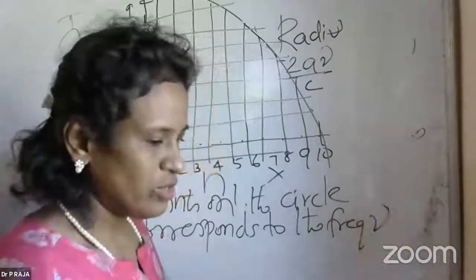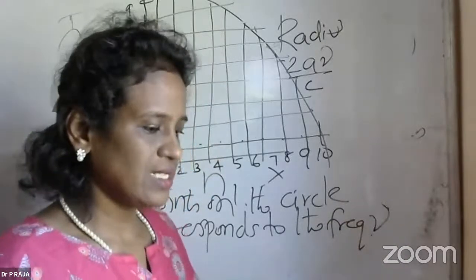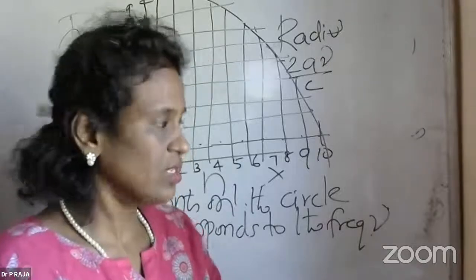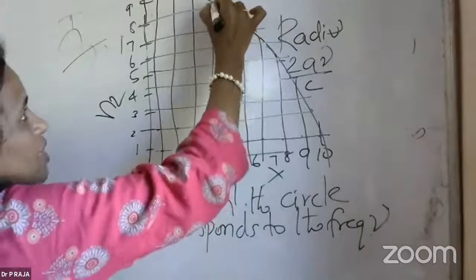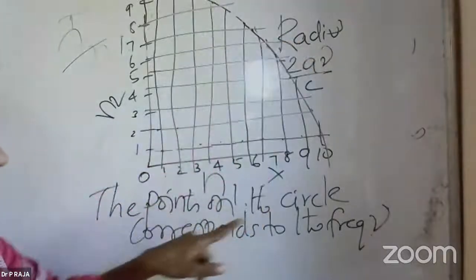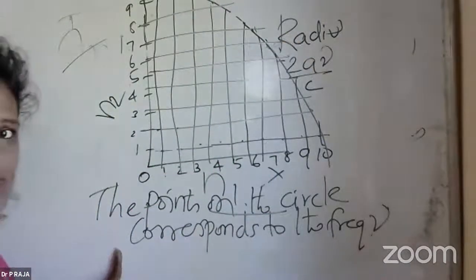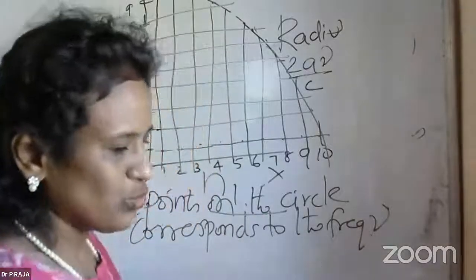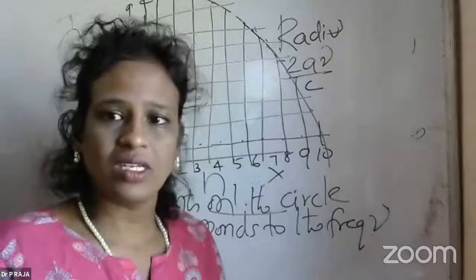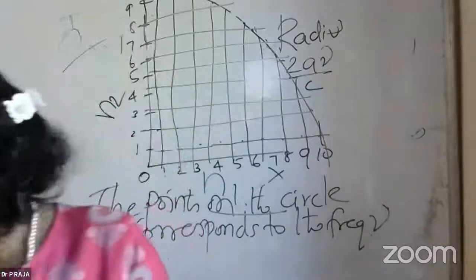While those lying inside the circle correspond to a different frequency. The points lying on the circle and inside the circle are different. On the circle corresponds to the frequency nu.